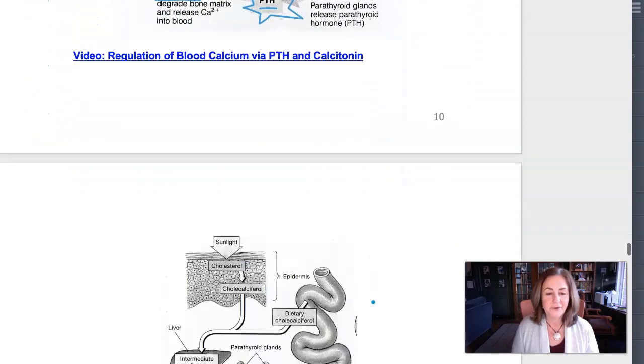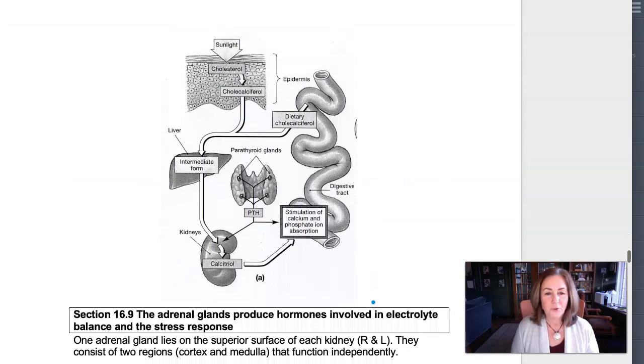I also want to remind you of something we talked about in AP1, a hormone called calcitriol. You might recall that when sun hits the skin, so this is the epidermis, it can take a cholesterol molecule within the plasma membranes of these epithelial cells and convert it into vitamin D3.